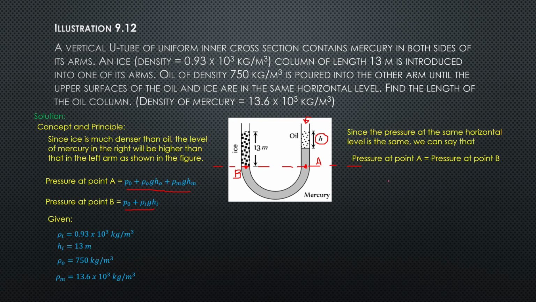Substituting those equations, this becomes its equation. Now the atmospheric pressure can be eliminated, and the given equation will give us this equation: the gauge pressures of oil, mercury, and that of the ice.